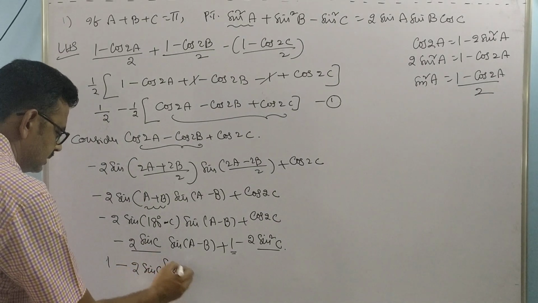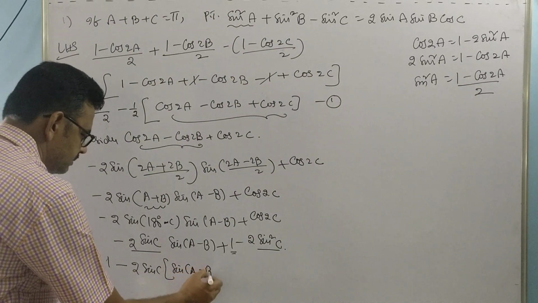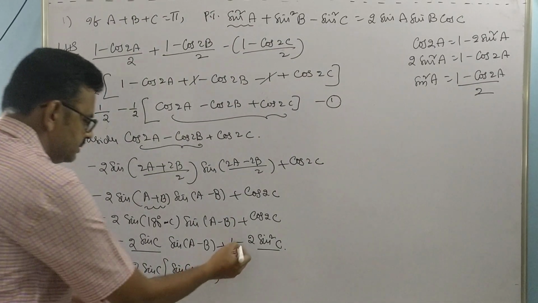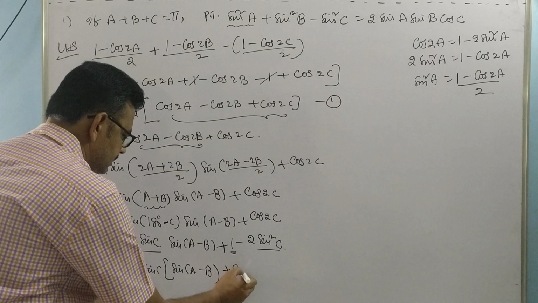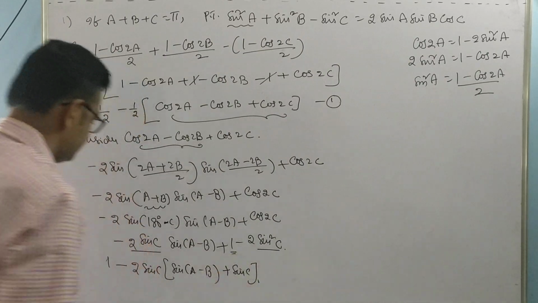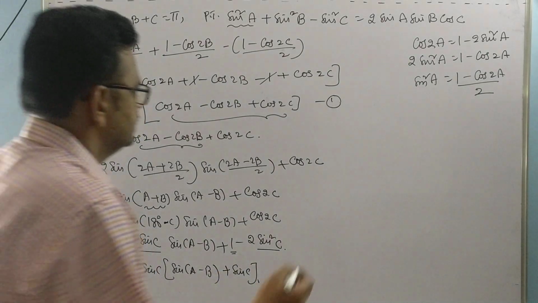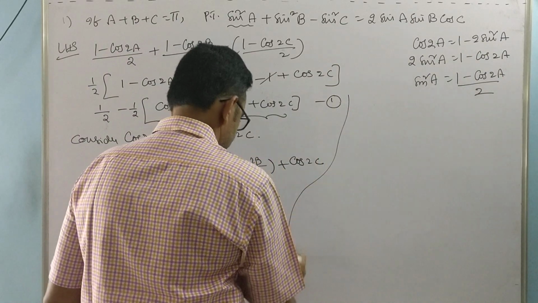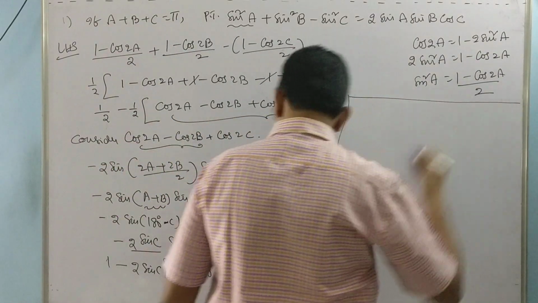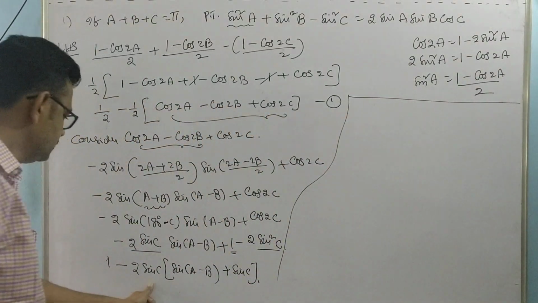Now this is cos of a minus b; taking minus common, this becomes plus sin c.